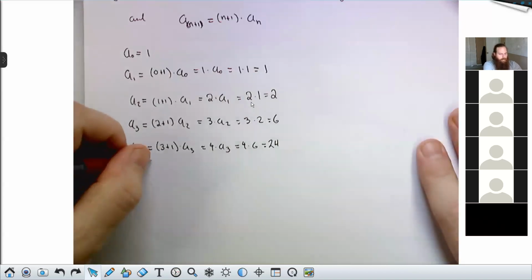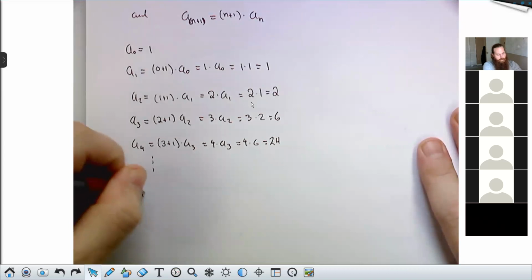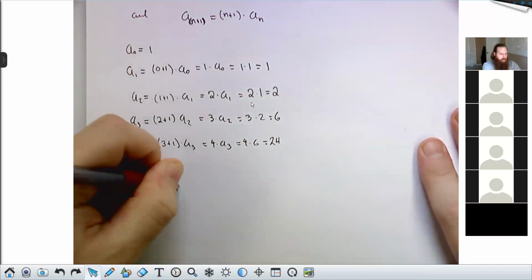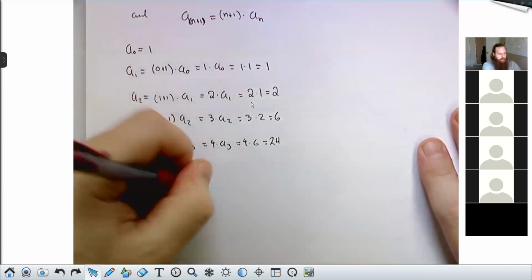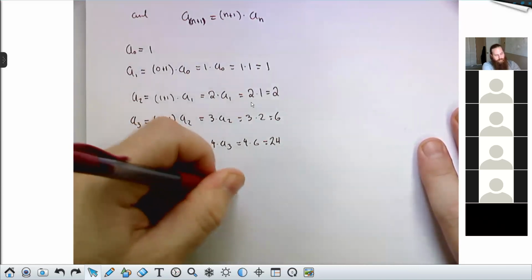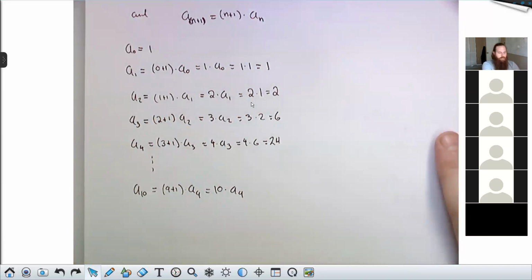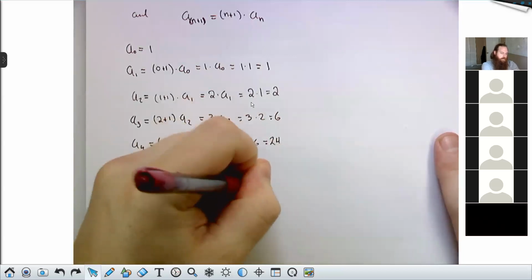I could come down here and say, okay, a10 is equal to (9 plus 1) times a9, which is 10 times a9. But that doesn't help me unless I already know what a9 is. This is why we call them recursive, because they refer back to the previous thing. So I can't figure out what a10 is unless I already know a9.